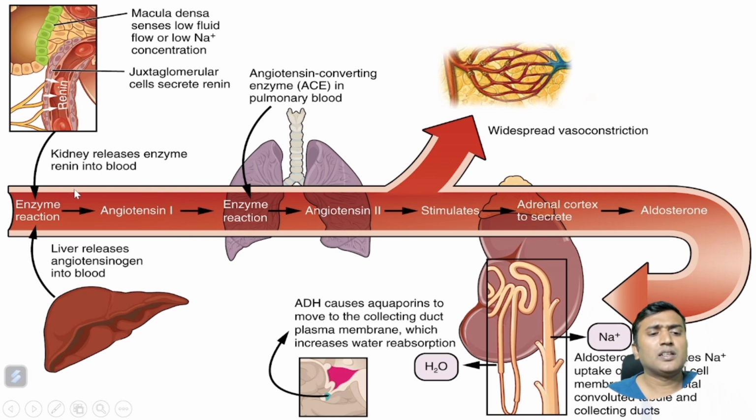This renin enzyme converts angiotensinogen to angiotensin 1, and when angiotensin 1 goes into the lungs, the ACE enzyme converts angiotensin 1 into angiotensin 2. Angiotensin 2 goes and stimulates the adrenal cortex to secrete aldosterone. So what is the function of aldosterone? It stimulates the uptake of sodium and water, that is H2O. So finally, this is going to save the salt and water in our body.